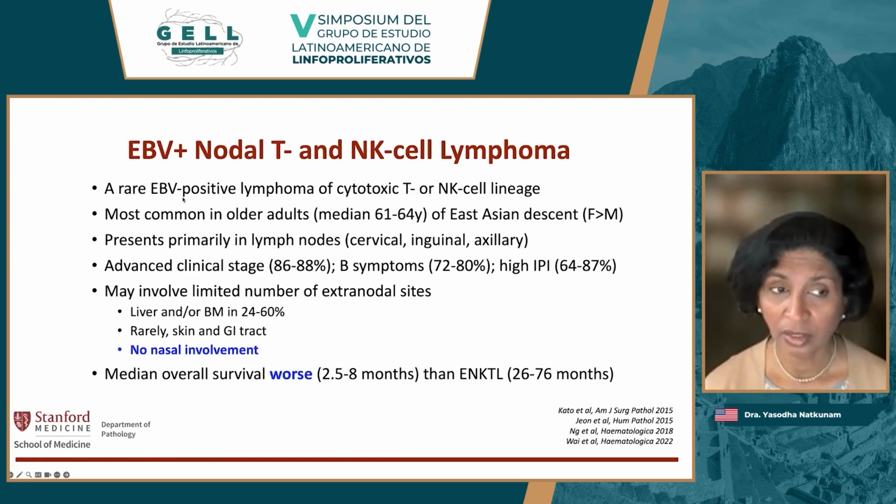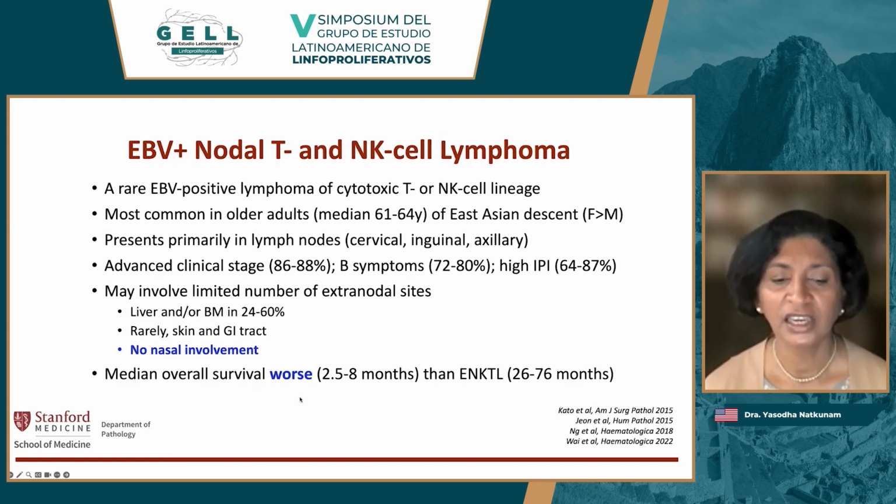This is a rare lymphoma, much rarer, in fact, than the extranodal NK/T-cell lymphoma that I have been talking about. And it is most common in older adults and predominantly described so far in East Asian populations. It has a lymph node presentation and should not involve the nasal cavity.